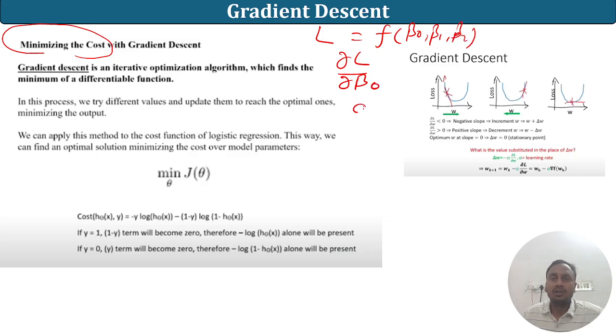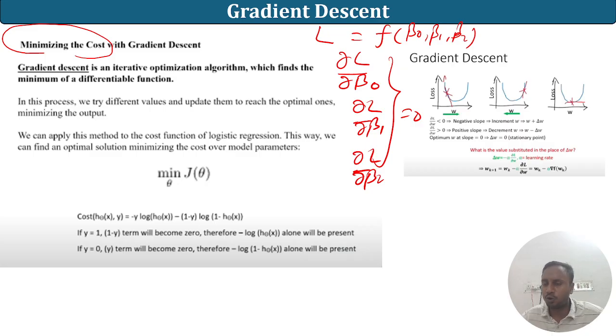We take the derivative, and that term we are going to minimize to 0. In reality that exact value will not come into the picture, but it gets closer to it because it's a numerical approximation.